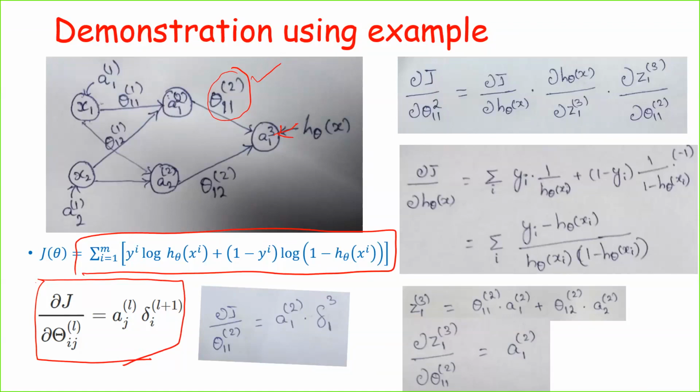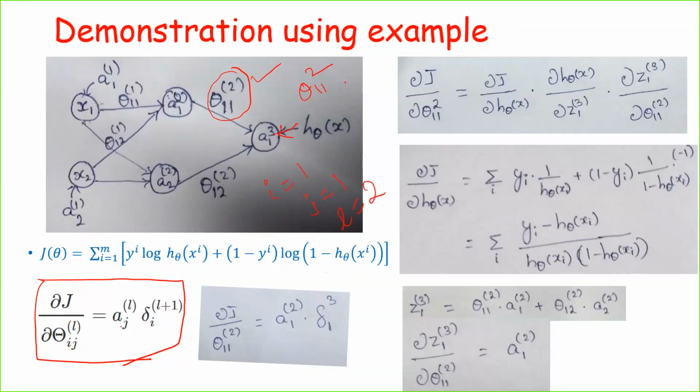Now if I want to compute the gradient with respect to theta 112, what is the i value here? What is the j value? What is the l value in this example? I is 1, j is 1, and l is 2.